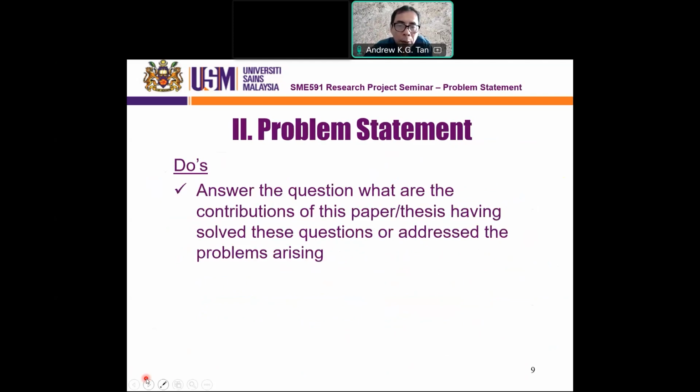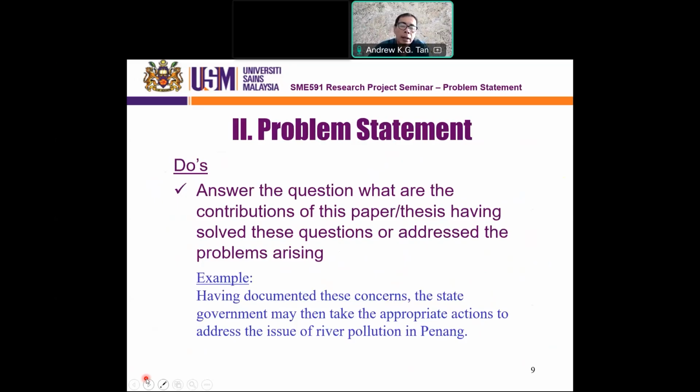Do answer the question: what are the contributions of this paper, of this thesis, or of this topic, having solved these questions or addressed the problems that are arising. For example, having documented these concerns, the state government of Penang may then take the appropriate actions to address the issue of river pollution in Penang.